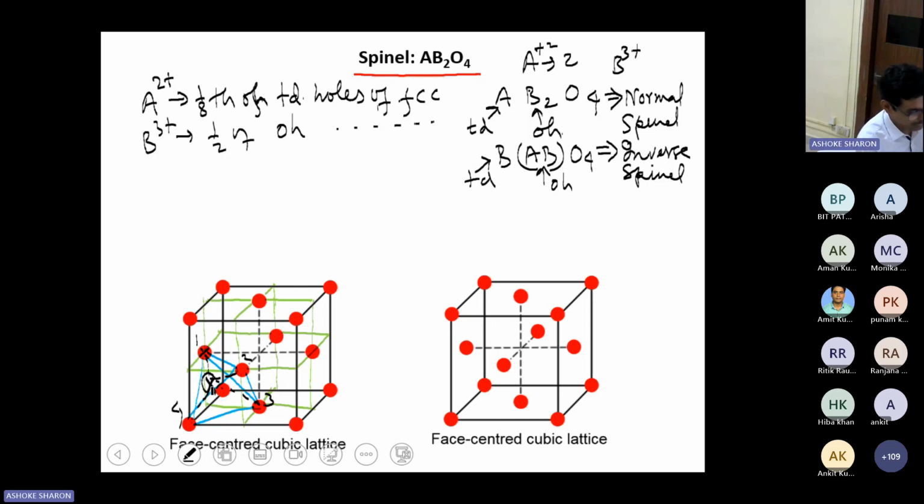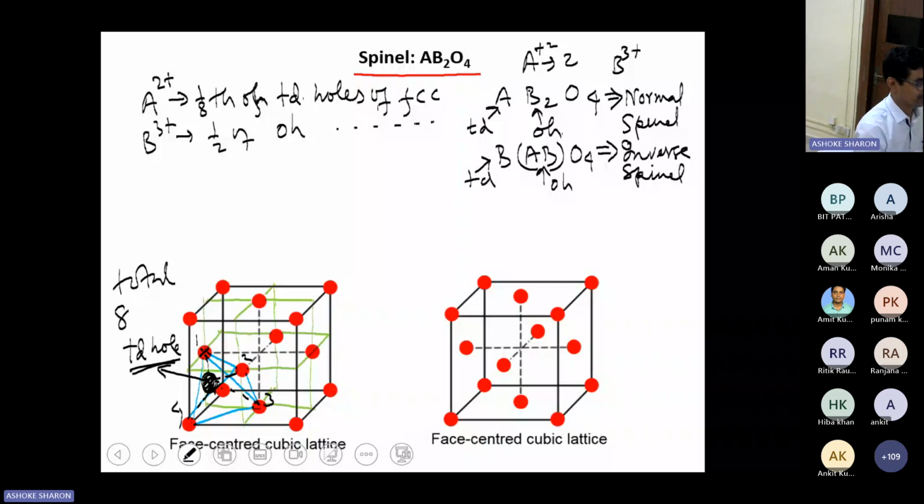So this point is the void, or the hole, and it is placed at the center of a tetrahedron. That's why it is a tetrahedral hole. Now each cube has 8 such small cubes, so there are a total of 8 such tetrahedral holes.